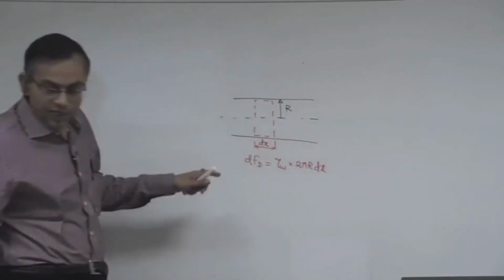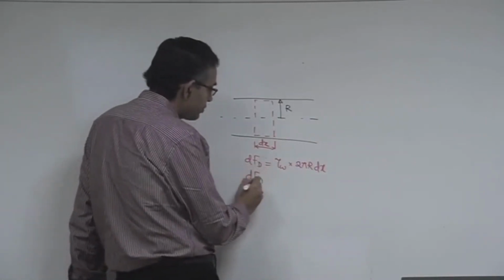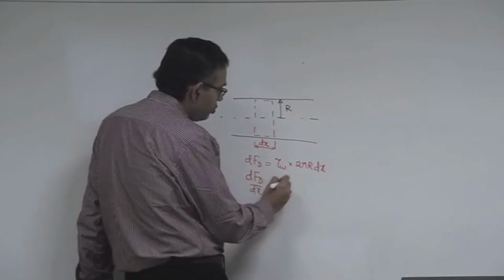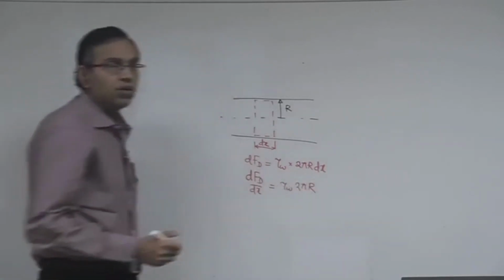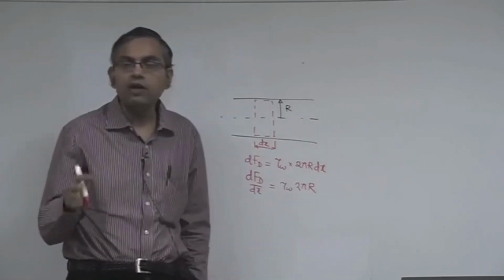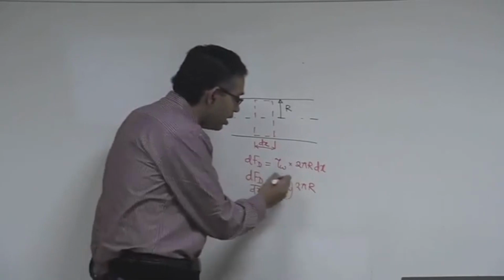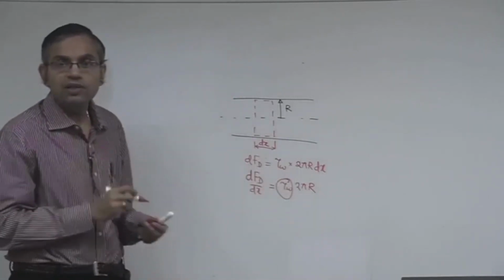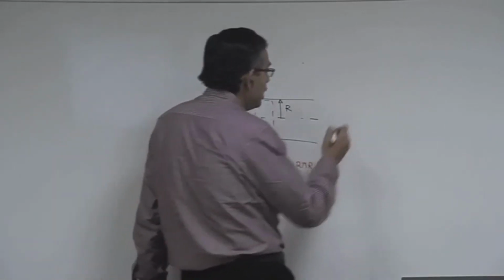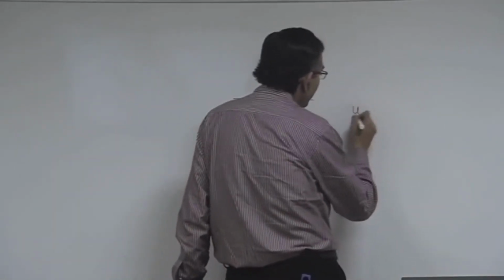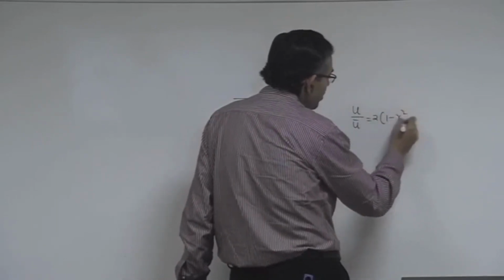This dFd can be expressed in a general case. So, dFd by dx is tau wall into 2 pi r. This is true no matter whether the flow is fully developed, developing, whatever. Now, the calculation of tau wall will depend on the velocity profile. If it is fully developed, then u by u average is equal to 2 into 1 minus small r square by capital R square.